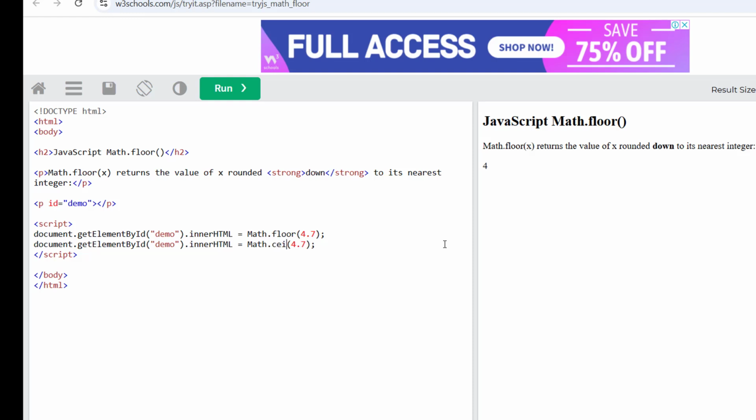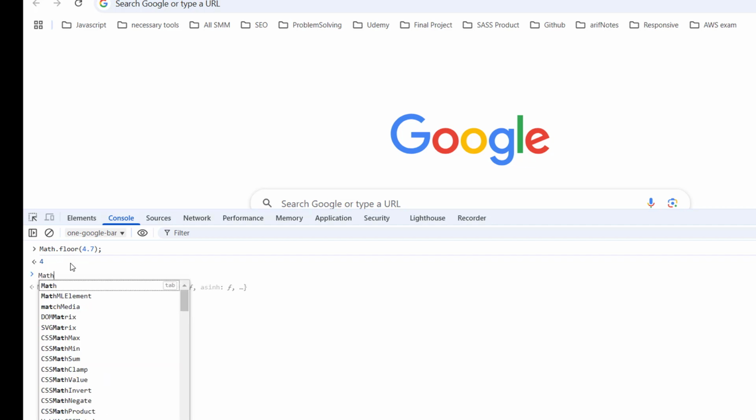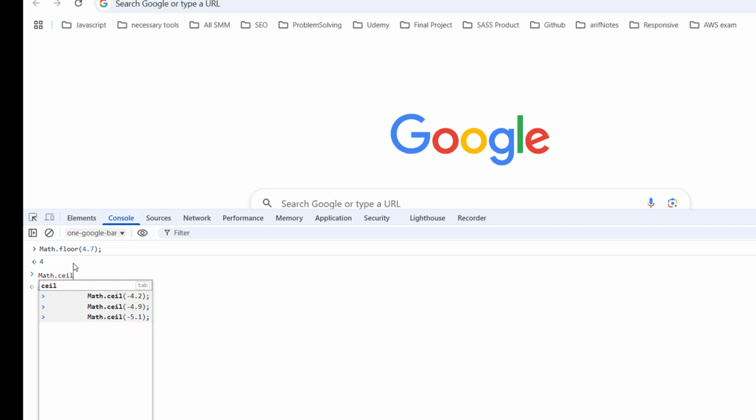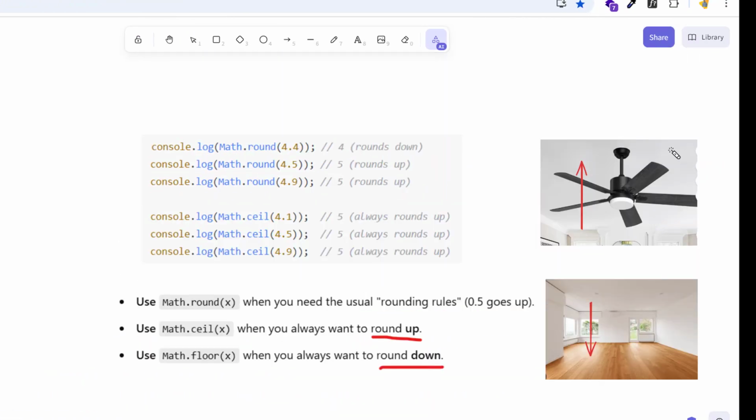I need to give Math.ceil, CEIL. It's not working here, okay, no problem. So Math.floor means below, so it's going downwards. But if I give Math.ceil of 4.7, it will go upwards. So it's 5 and the other one is 4. Remember this technique always, so you will never forget.